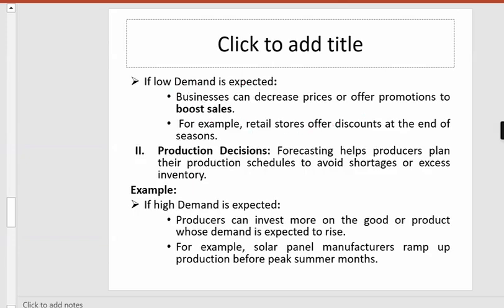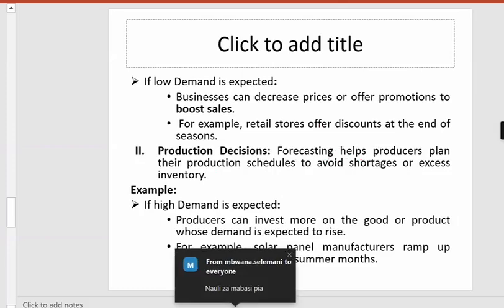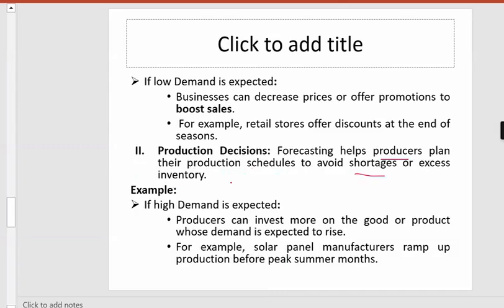In price. In production perspectives, for example, forecasting helps producers to plan their production schedules to avoid shortages or what? Inventory. Kwa mfano, if higher demand is expected, kama mahitaji yanategemewa kuwa makubwa, manake the producers should increase what?